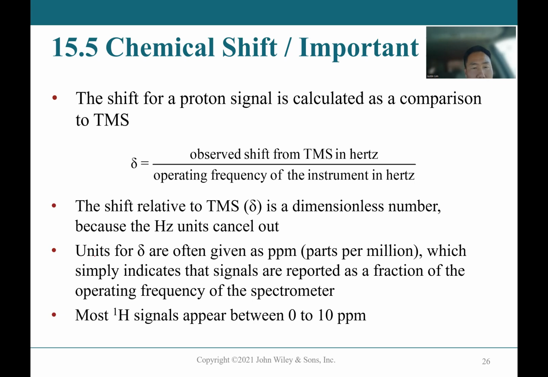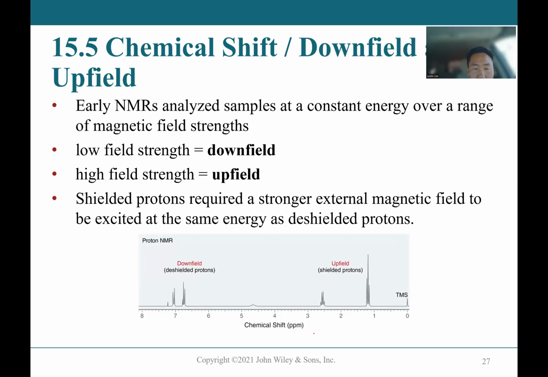The unit for chemical shift is often given as ppm. ppm is parts per million. Most proton signals appear between 0 to 10 ppm. This is proton NMR. On the left side, you can call that downfield. On the right side, you can call it upfield.